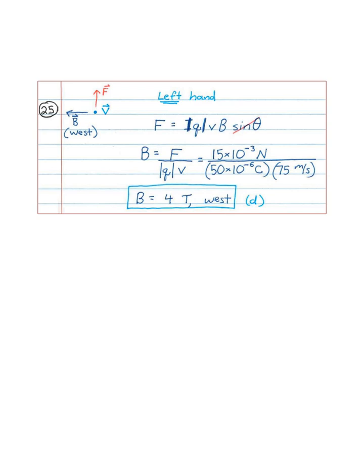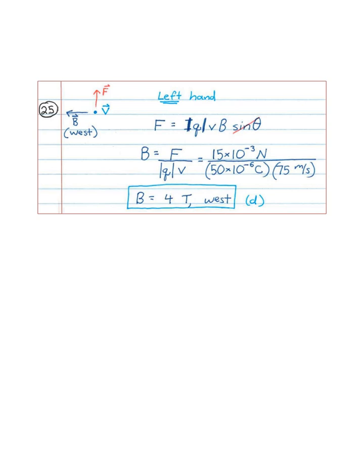Number 25. A negative 50 microcoulomb charge moves vertically upward at 75 meters per second. Which magnetic field will produce a northward magnetic force of 15 millinewtons? And we're given our choices of either 2 Teslas east or west or 4 Teslas east or west.